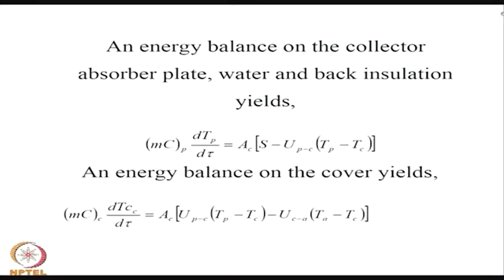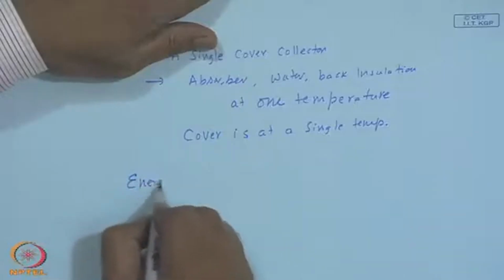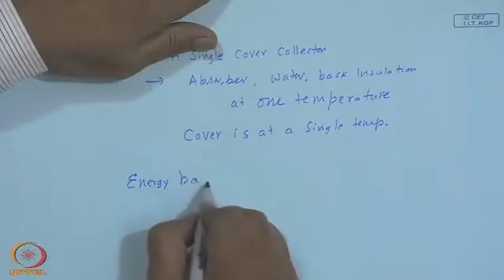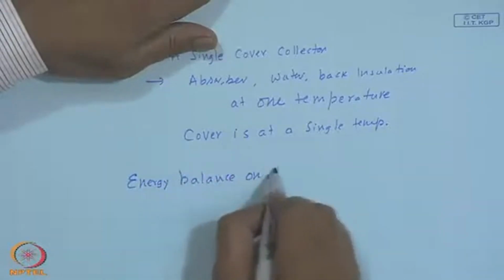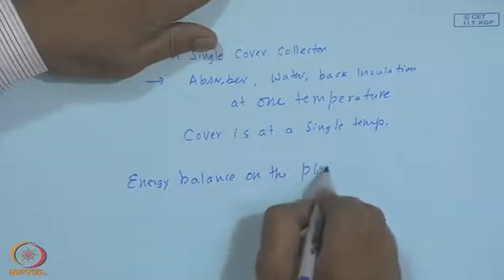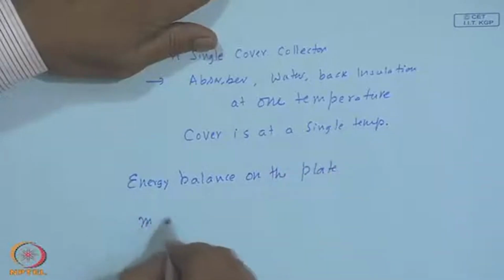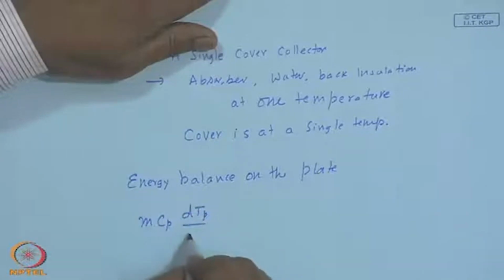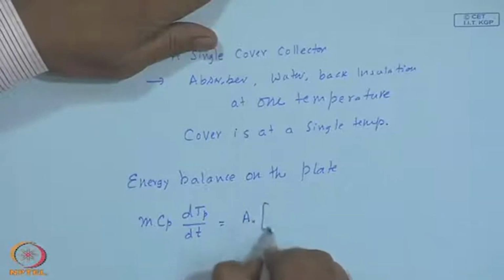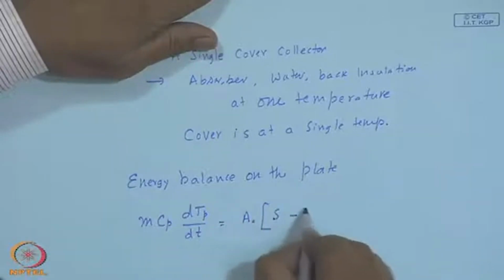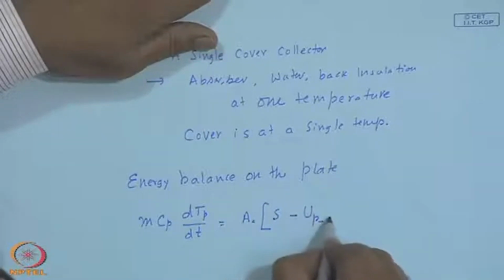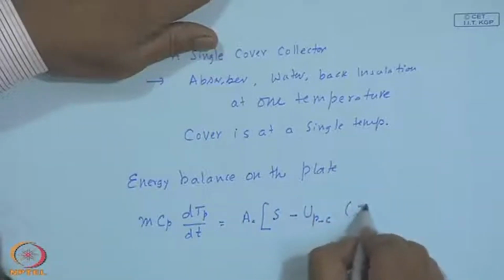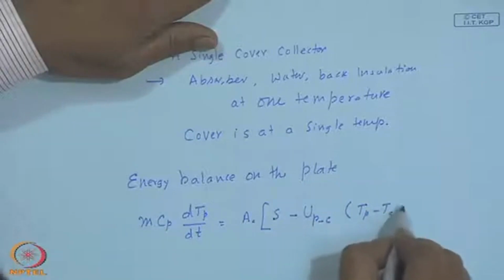So, if I make an energy balance on the plate, it will give me mass times specific heat times rate of change of temperature with time should be equal to A c into the absorbed radiation minus whatever is the loss coefficient between the plate and the cover times the temperature difference between plate and the cover.